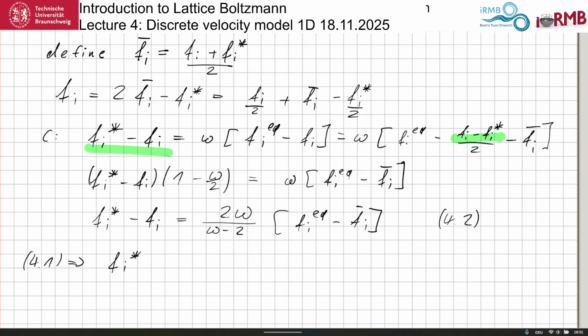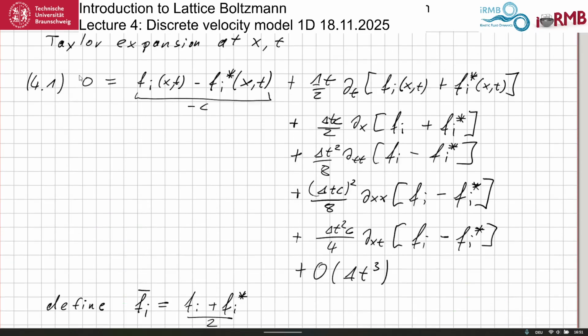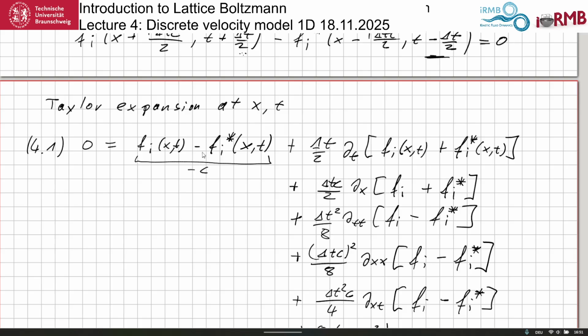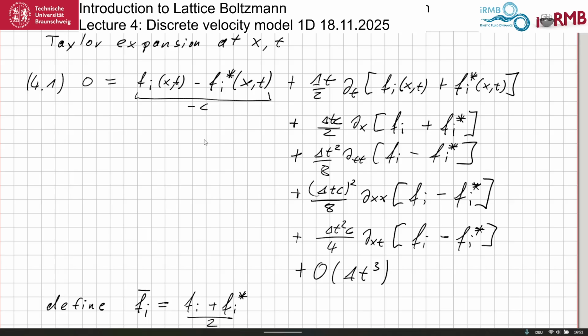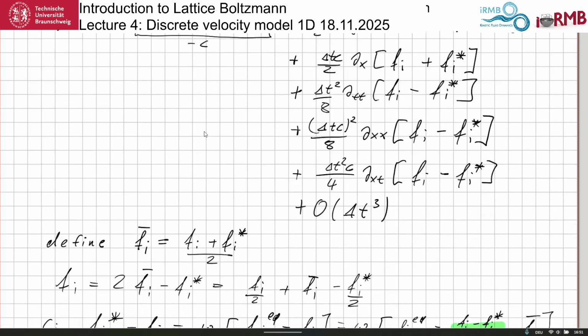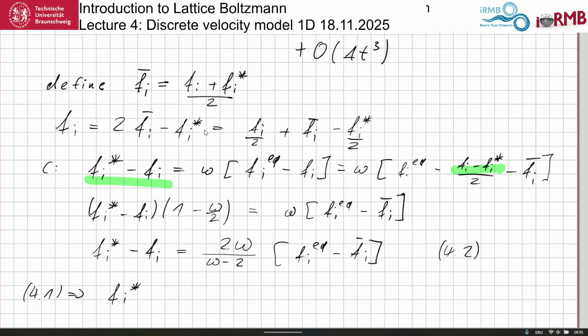Oh my God, I have a mistake here. I have a mistake in the sign. The last step, in equation 4.2, should be 2 minus omega.